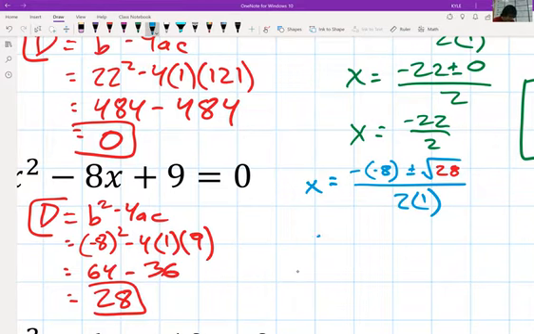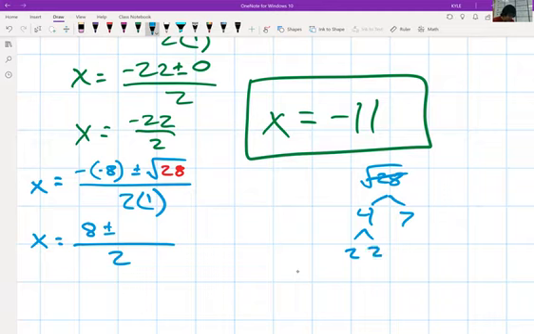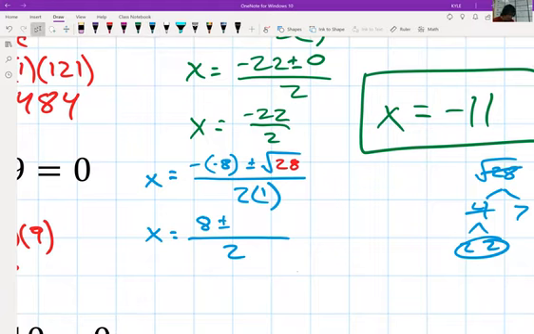That means we have x equals positive 8 plus or minus something over 2. How do we simplify root 28? Well, you guys know how to simplify that square root. Square root of 28, that's 4 and 7, that's 2 and 2. So 2 root 7. So x equals 8 plus or minus 2 root 7 all over 2.